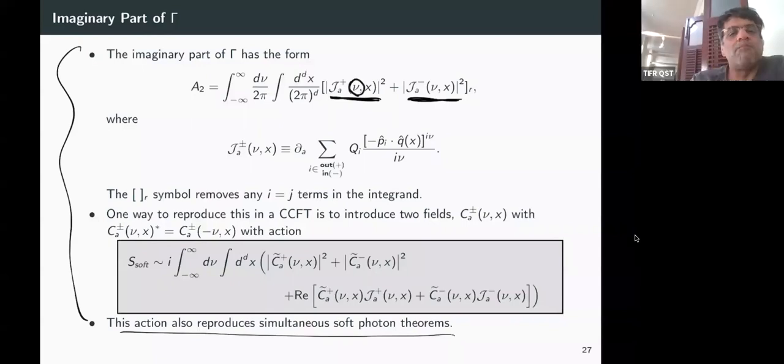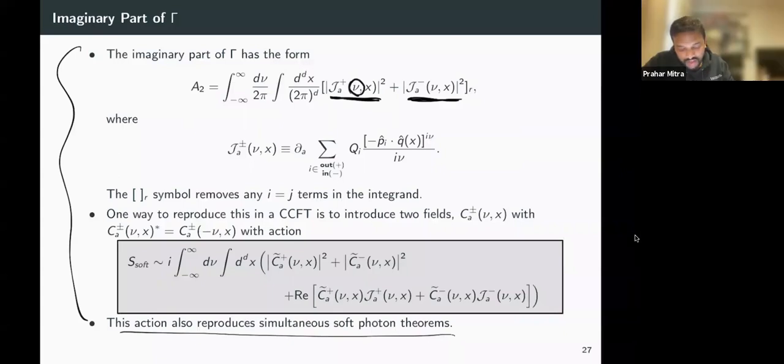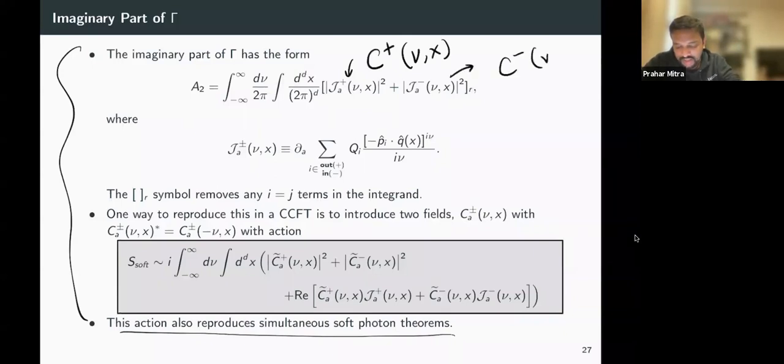To reproduce this quadratic structure, I need to introduce a field C plus, which now depends on nu in addition to its dependence on X. And then to reproduce the other piece, I need a C minus, also depending on X. And these fields now have to be complex because each of these J's are complex, unlike earlier when they were all real. So just by hand, you can write down this action and it works.